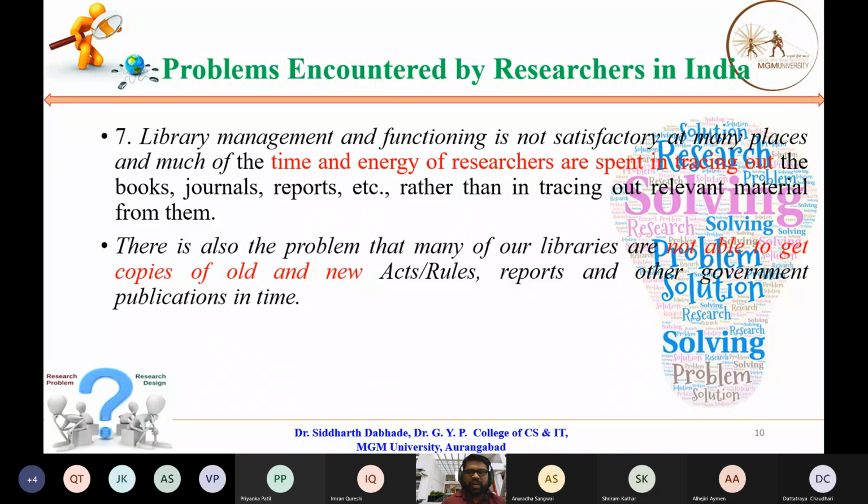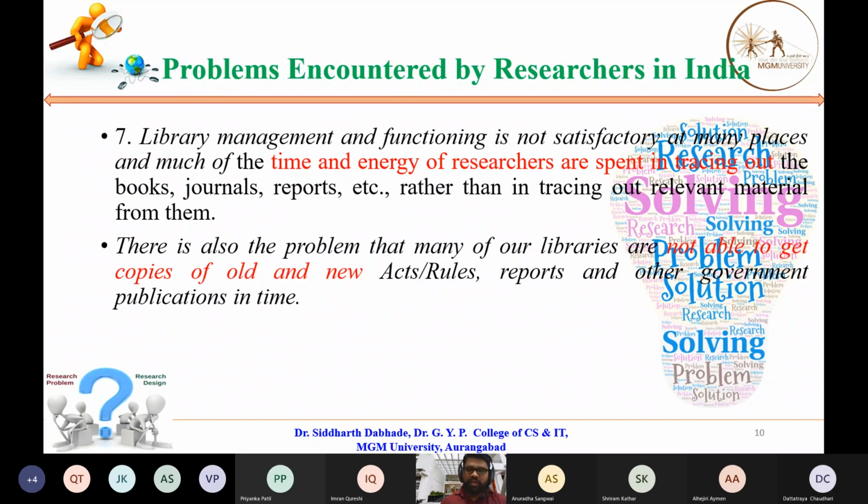Because of that, most students face problems finding the latest research problems. They are getting very old research papers, maybe articles from 5 years back. Because of that, what happens? They are not able to find the real-time research problem, or which existing problems have been solved by earlier researchers.